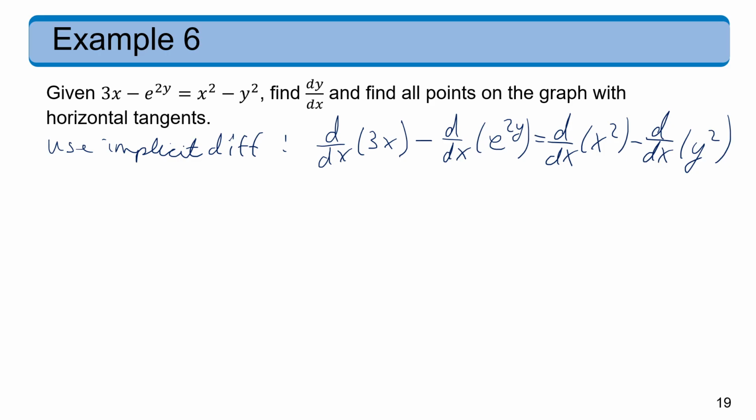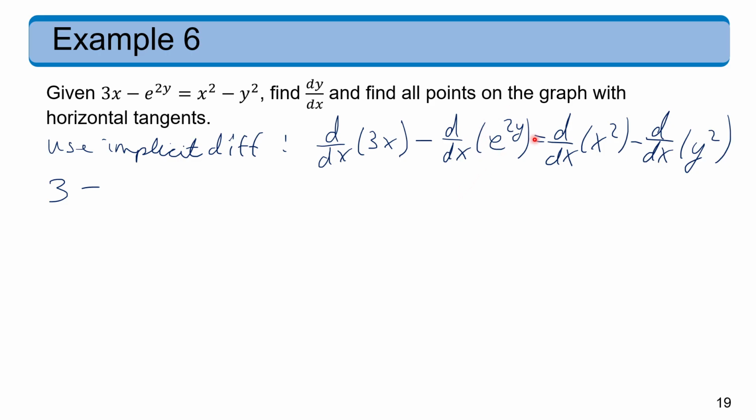The first derivative we have is derivative of 3x with respect to x. Notice the variables are the same. That makes this a straightforward derivative. It would just be 3. Now on the next one we've got mixed variables. So we have to remember we're actually using the chain rule on a problem like this.